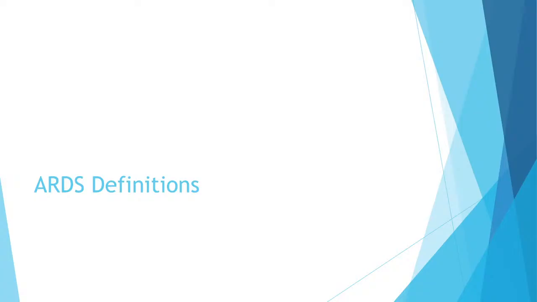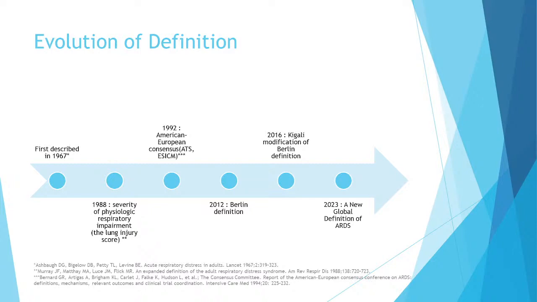Please sit. So coming to the history of ARDS. ARDS has a history of approximately 60 years. It was first described in 1967. Later they tried to quantify it based on the physiology of respiratory impairment, like the lung injury score. I'll be discussing that in the next slide. Then there was a consensus between American and European societies in 1992. And finally in the Berlin Convention, they made the Berlin definition.